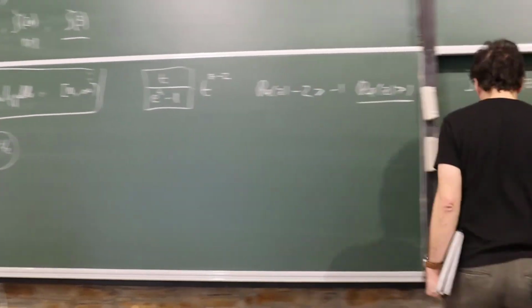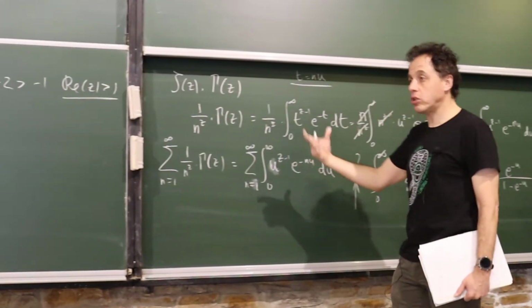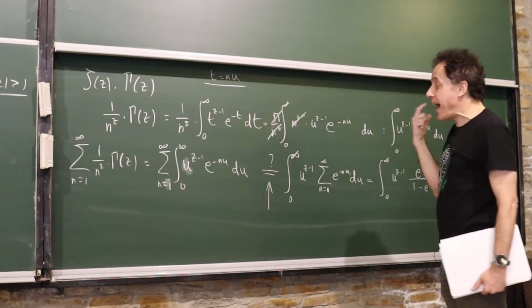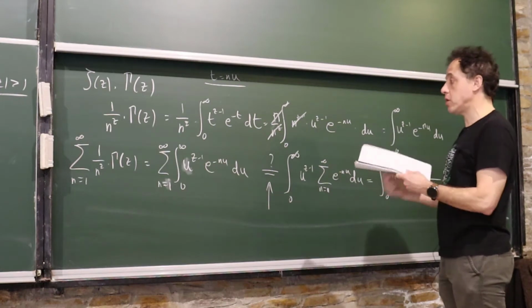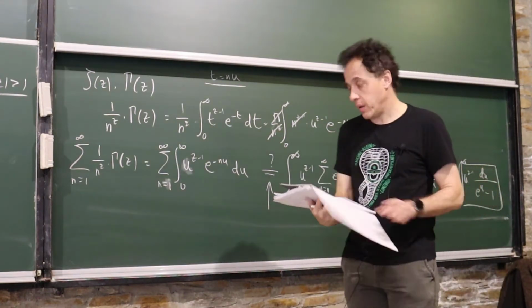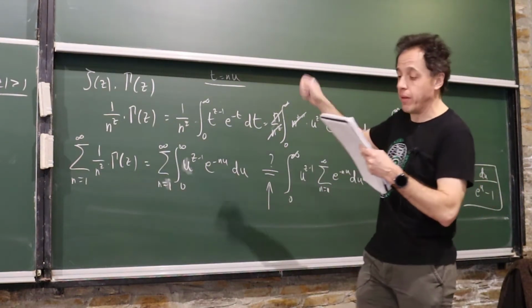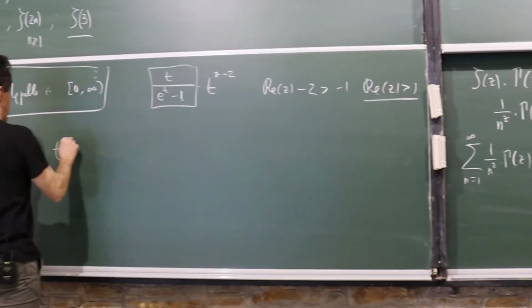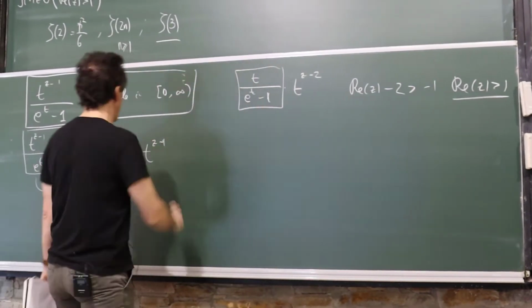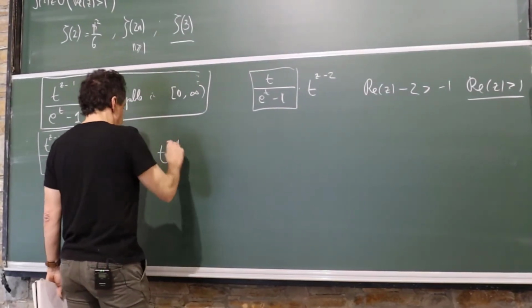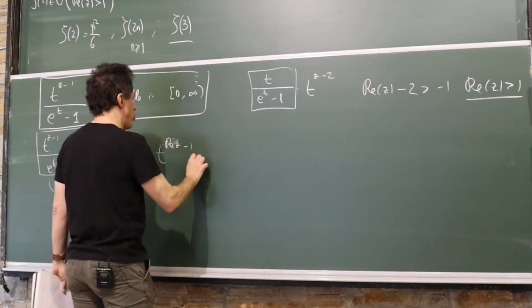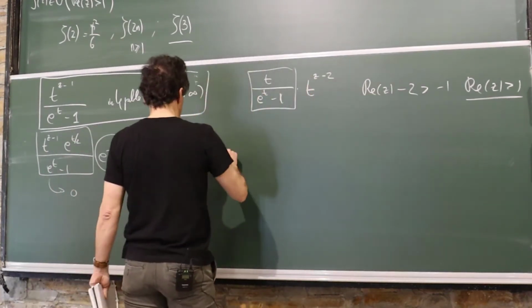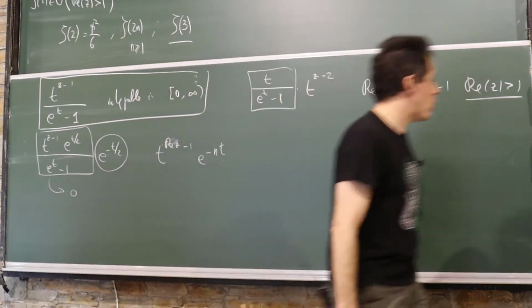So we have here a sequence of functions whose series converges to an integrable function. And this sequence of functions is increasing, at least if you take the absolute values of this function, t^(Re z - 1) e^(-nt), which are positive.